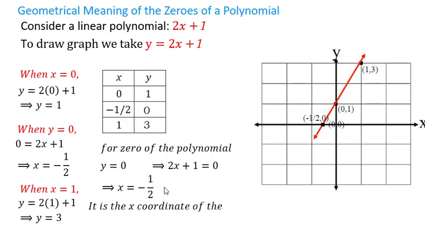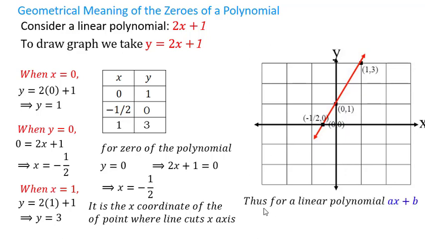So value of x is minus half. Now this x equal to minus half is the x coordinate. If you see in this diagram, this is the x coordinate of the point where the line cuts the x-axis, right? So the zero of the polynomial, this is our geometric meaning: if we have a graph, then the point where the graph cuts the x-axis gives me the zero of the polynomial.